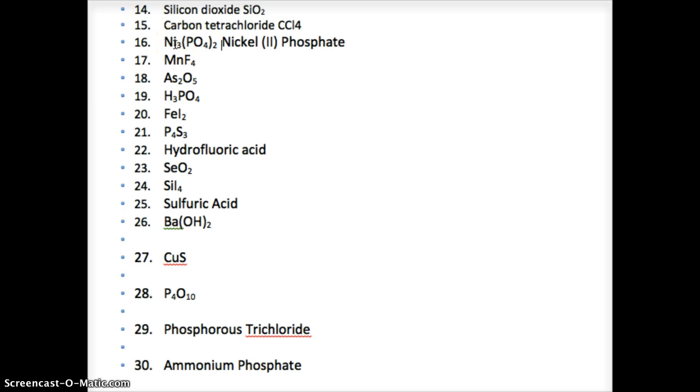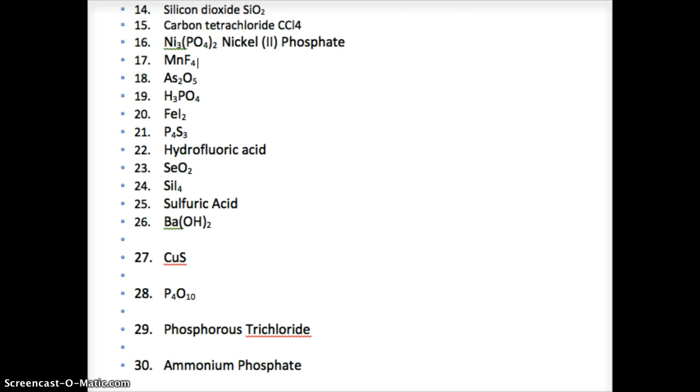Notice there's a 3 down here. The 3 came from phosphate, the 2 came from nickel. So when you're looking for your Roman numerals, what I would do, if you have not done this yet, is on your periodic table, any one of them that has more than one option, like vanadium, chromium, manganese, iron, cobalt, nickel, copper, I would highlight them so you know every time you see those, you will be doing Roman numerals.